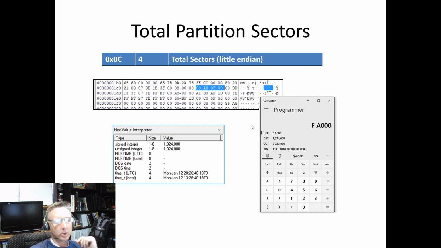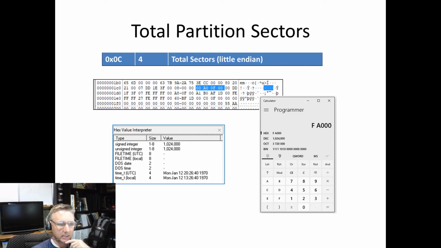If you were to put in 0F, you don't have to put in the 0 because its value is 0. If this was a value other than 0, we'd put it in. So 0FA000. Convert that to decimal. It's 1,024,000. So that tells us the total sectors in little endian for LBA addressing.